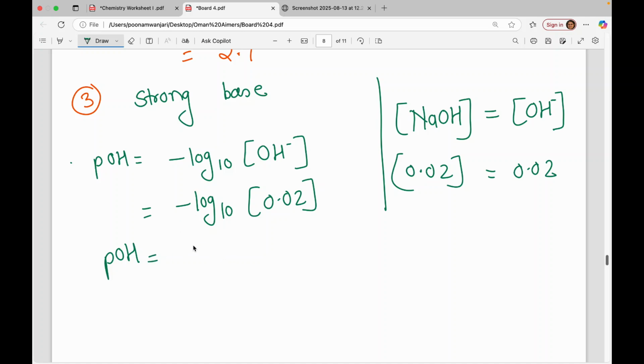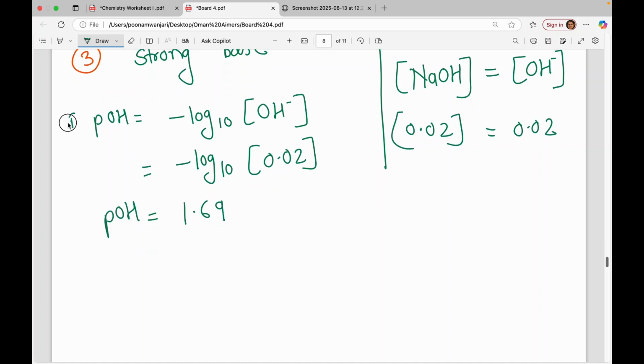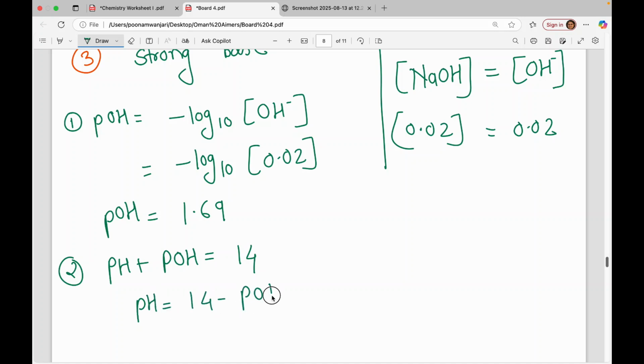It is equal to 1.69. And now again, this is the first formula, and in case of strong bases you need to use the second formula, that is pH plus pOH is equal to 14, and pH is equal to 14 minus pOH.